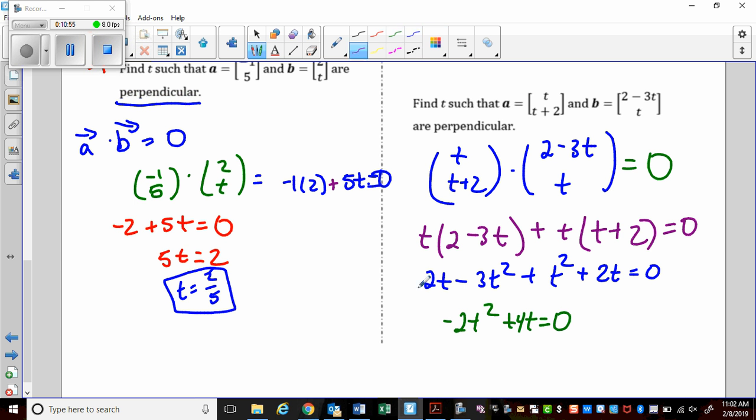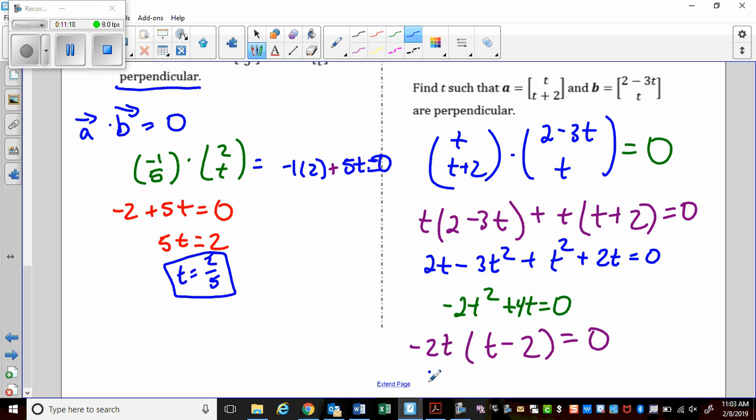And then we just solve. So factor out a 2t. I'll factor out a negative 2t, so I'm left with t minus 2. That's when t equals 0, and when we move that 2 over, t equals 2. These are my two answers. Not too bad.